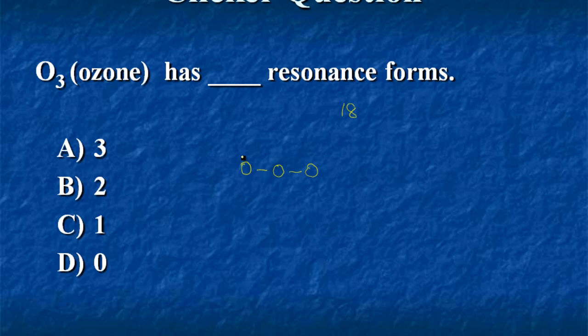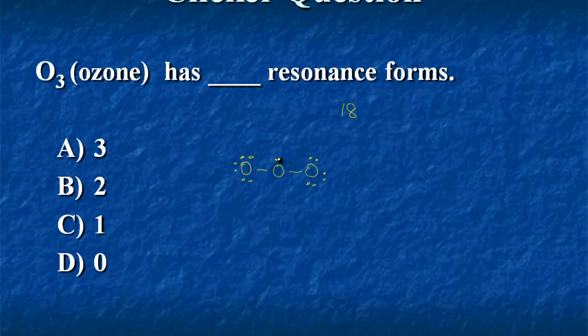So we have 18 electrons. We are showing 4, so we need to show how many more? 14. So you start by putting 6 around the peripheral oxygens. So you used another 12 and you have 2 more to show, right?